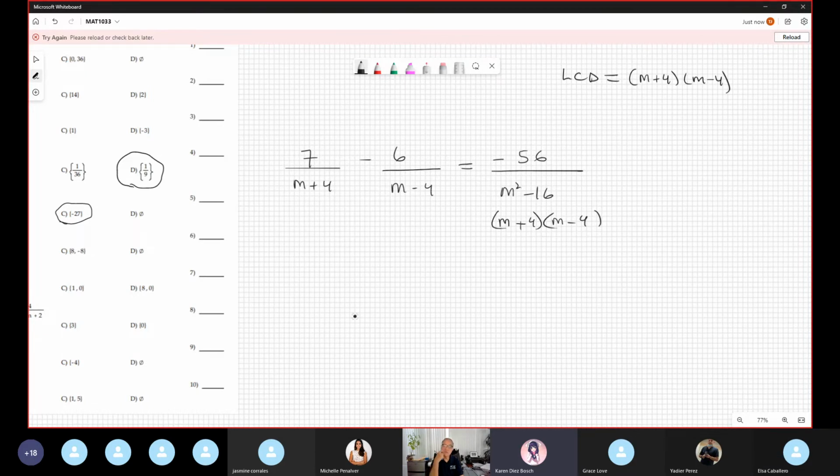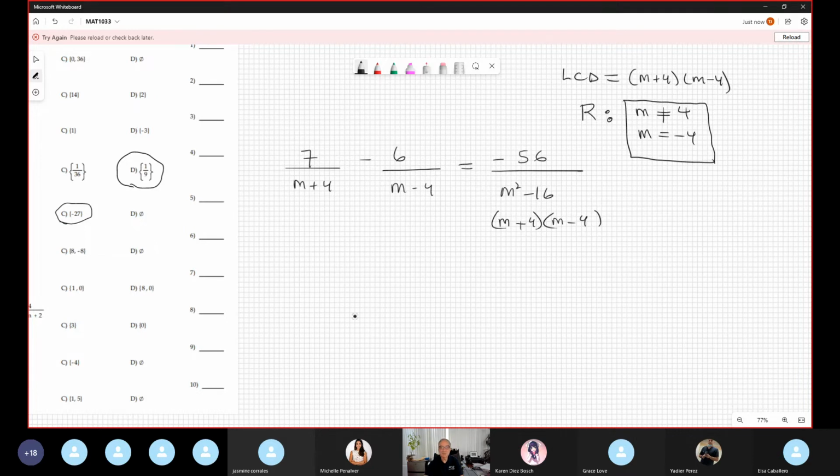After that, I don't remember very well. What should I do? Restriction. And the restrictions are N not equal to minus 4 and N not equal to 4. Exactly. This is the box that can close the restriction.